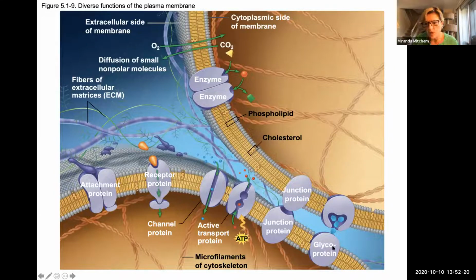So these two are a type of junction since it's direct contact, but the function of glycoproteins is usually as a cellular ID tag so that cells know what they're interacting with. All right, so that sums up the first part of the module.